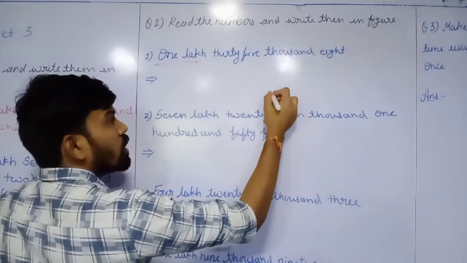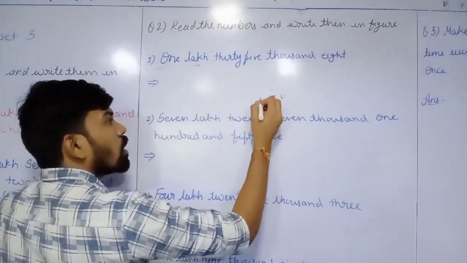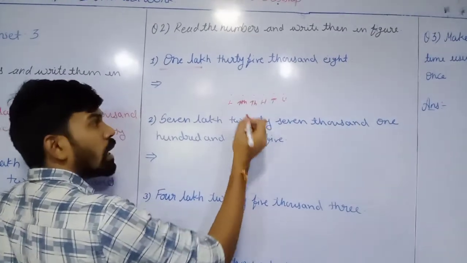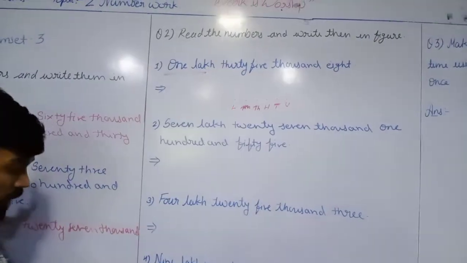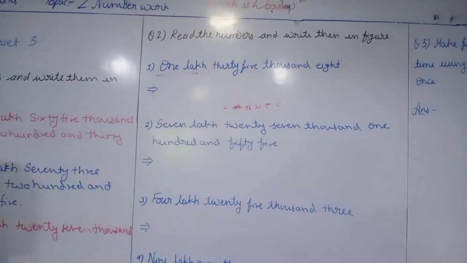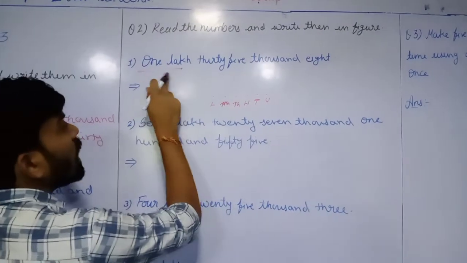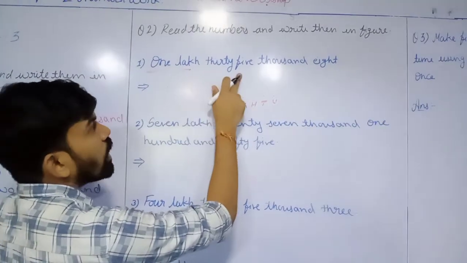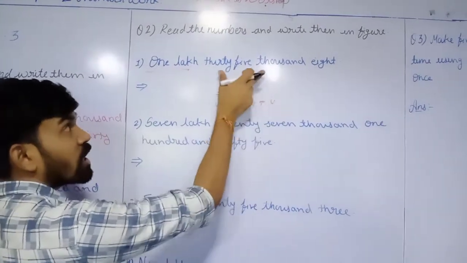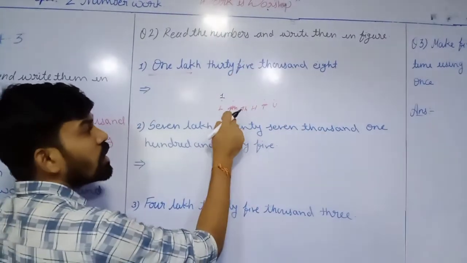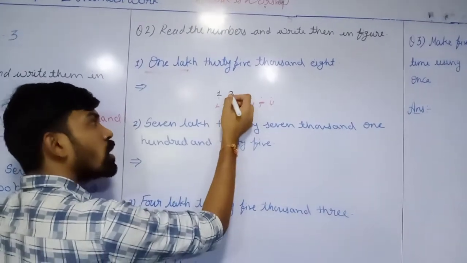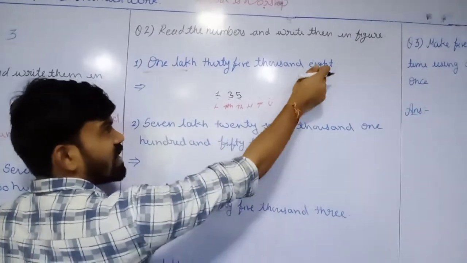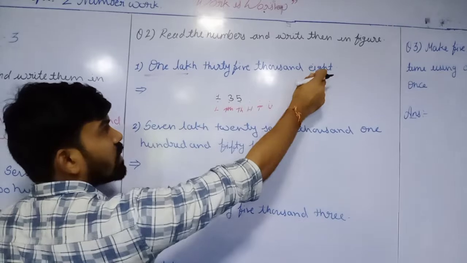Writing just unit, 10, 100, 1000, 10,000 and lakh. What will we have to write at the place of that? 1 lakh. At the place of lakh, we write 1. Then 35,000. As we learned, 35,000 includes 10,000 and 1,000. Then 8, which is the unit.